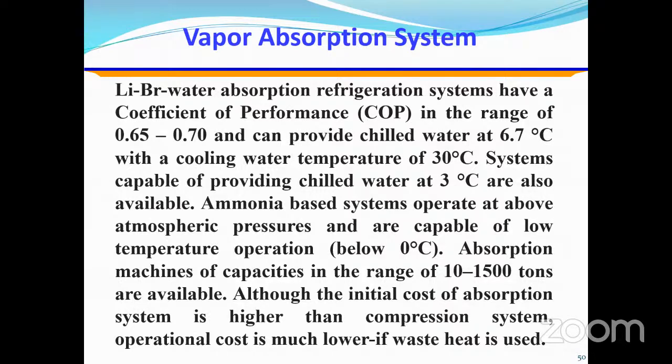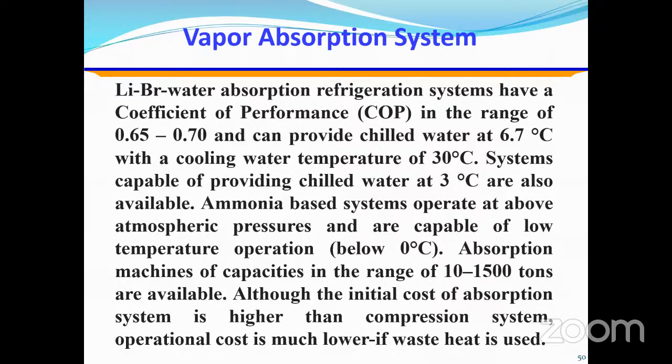Although the initial cost of the absorption system is higher than the vapor compression system, operational cost is much lower if waste heat is used. So here, as I mentioned earlier, electrical equipment is less when compared to the vapor compression system.